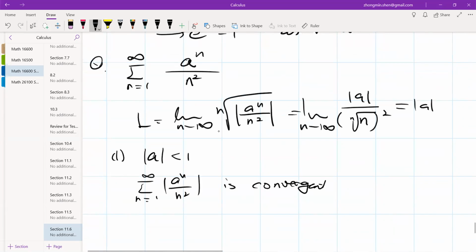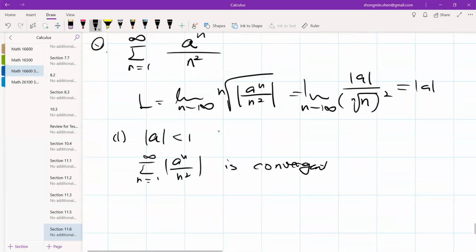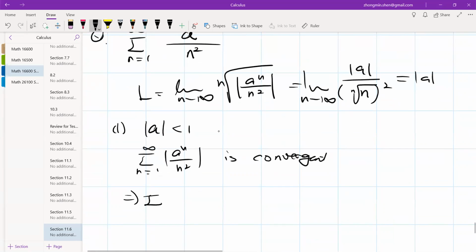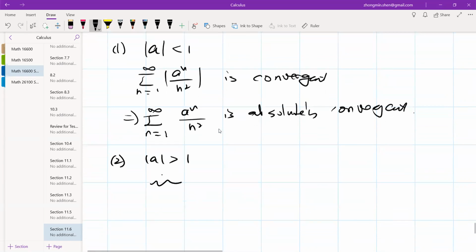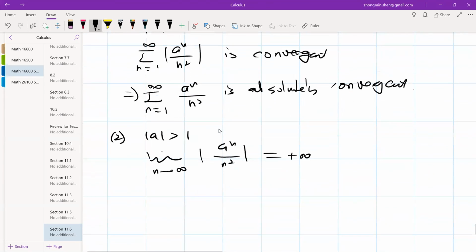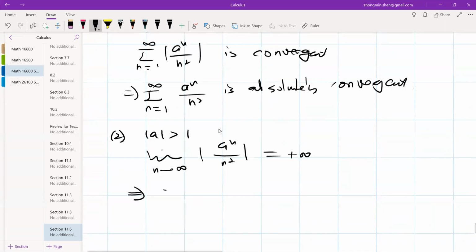It is convergent, and you can say it's absolutely convergent, not only just convergent. Then if the absolute value of a is greater than 1, you can show that the absolute value of a^n over n squared, we already know from above, is not going to 0. So that implies the series is divergent.